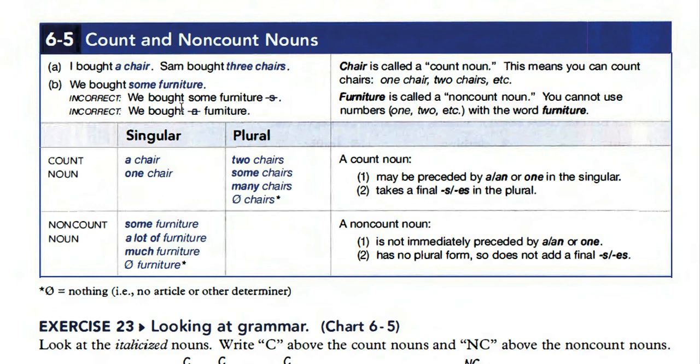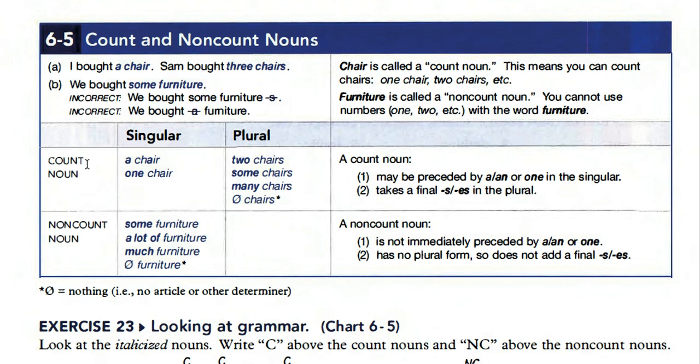Theta means with nothing. But we can add some, a little or a lot. That's the way of dealing with furniture, and later on we will talk about quantifiers, the words that link to any word considered uncountable.